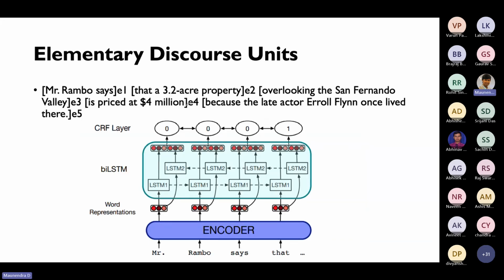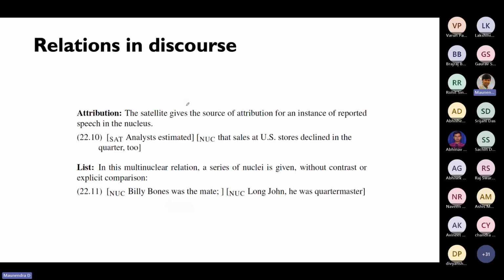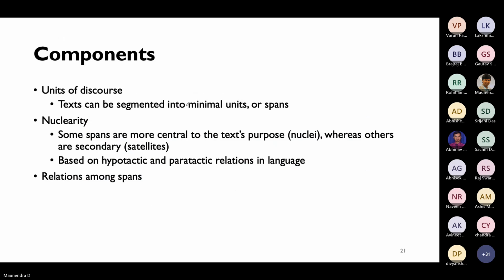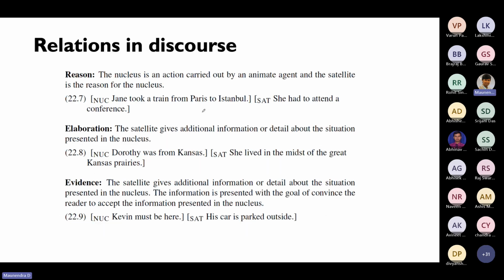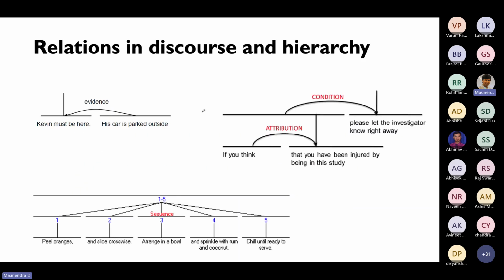And here we also mentioned elementary discourse units, or EDUs, at some point of time. So this is units of discourse; the text can be segmented into minimal units or spans. And we saw that, okay, this nucleus and satellites, typically these are the discourse units.